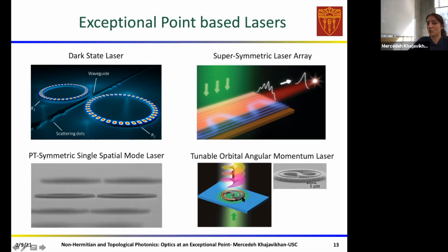Now, if you can break the symmetry between these two counter-propagating modes, meaning the CW and CCW modes, you can now get a net orbital angular momentum out of this system. And there are tricks that down convert this very high orbital angular momentum to much lower numbers. And this is what we did. This is the result that you can see here.